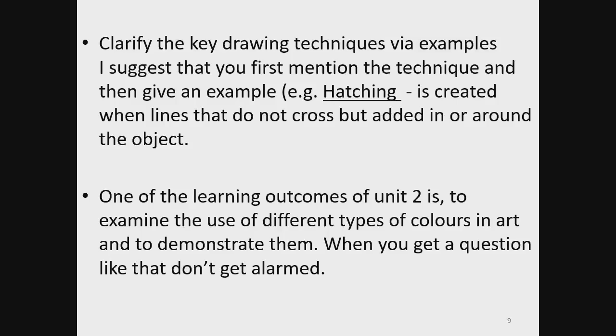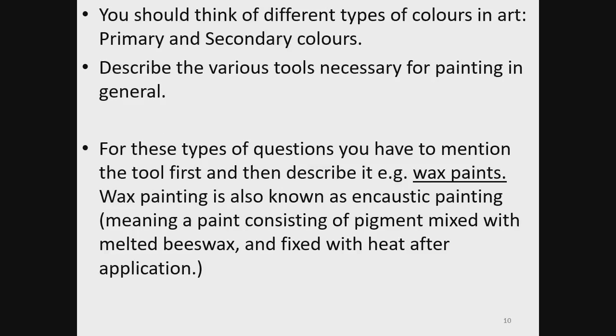One of the learning outcomes of Unit 2 is to examine the use of different types of colors in art and to demonstrate them. When you get a question like that, don't get alarmed. You should think of different types of colors in art, primary and secondary colors. You should also be able to describe the various tools necessary for painting in general.